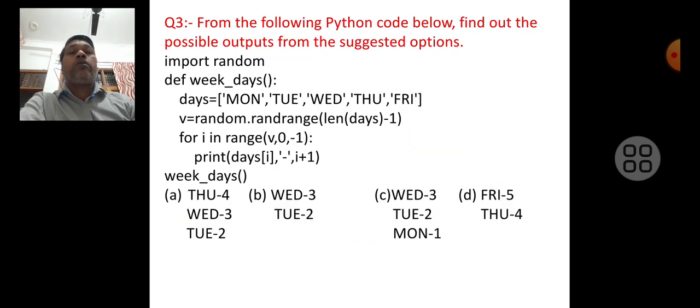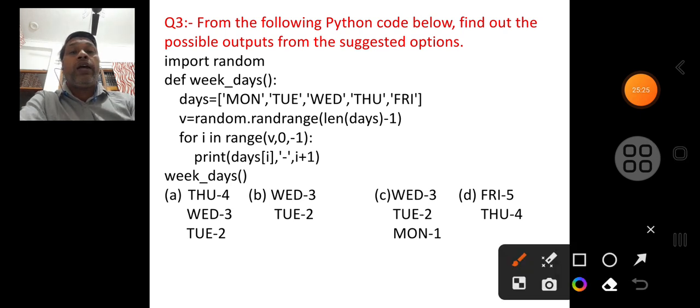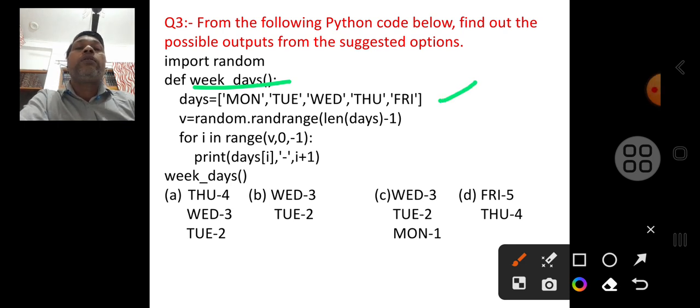Now let's look at another question: from the following Python code, find the possible output from the suggested options. Here we have a function and weekdays, a list with values Monday, Tuesday, Wednesday, Thursday, Friday.